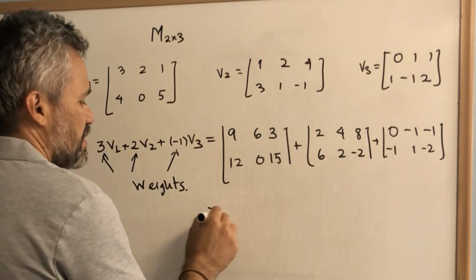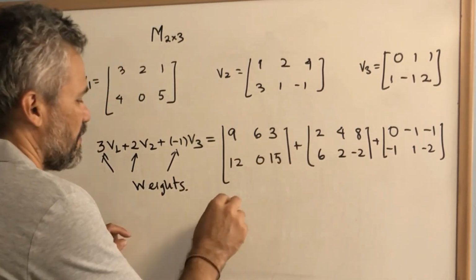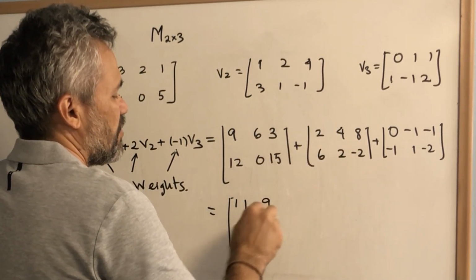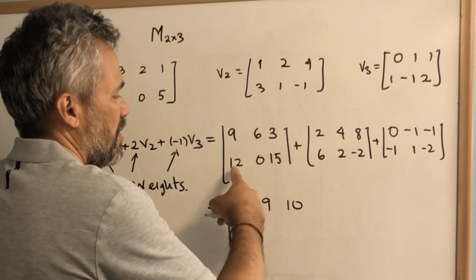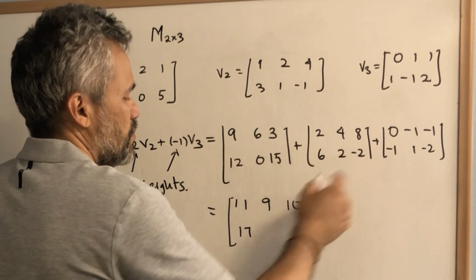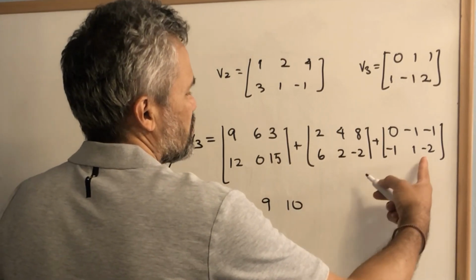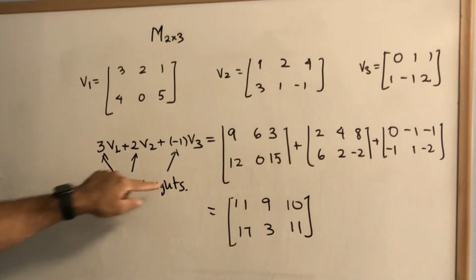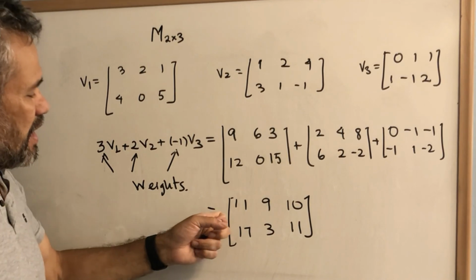And when we add this, we get another vector: 11, 10, 18, 17, 2, 11. So the linear combination of some vectors in a vector space gives us another vector.